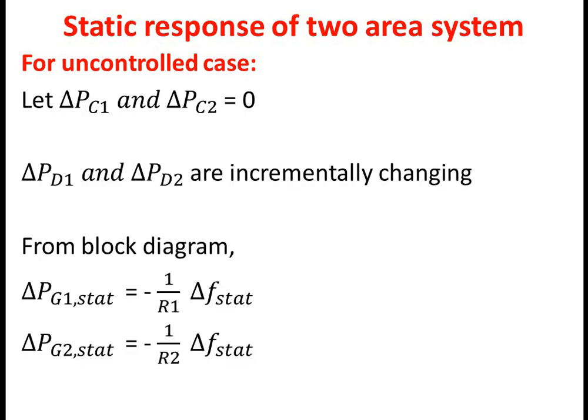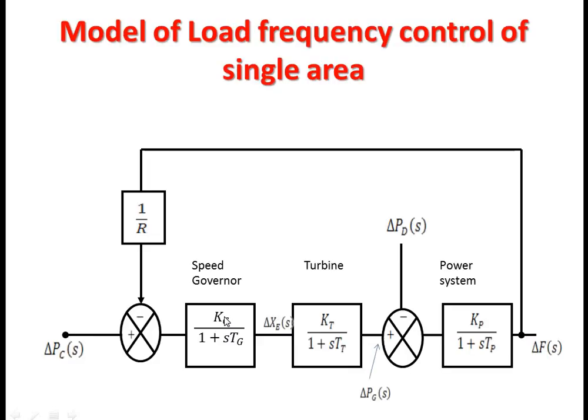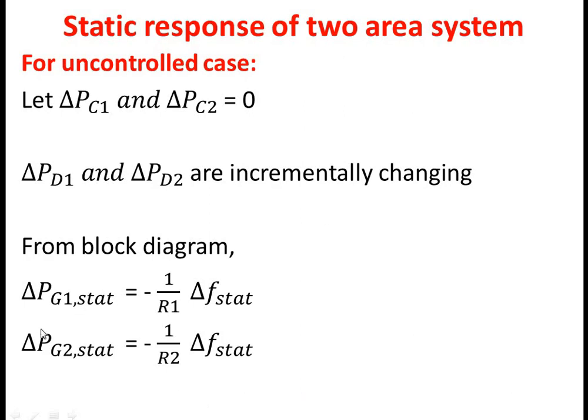After substituting these conditions in the general block diagram, we get the equation del Pg1 static and del Pg2 static as minus 1 by R into del F static. We substitute del PC as 0, and then we can cascade the speed governor and turbine, and by cascading these two we can equate del Pg of S as minus 1 by R into del F of S. In this manner we can get the values of del Pg1 and del Pg2.